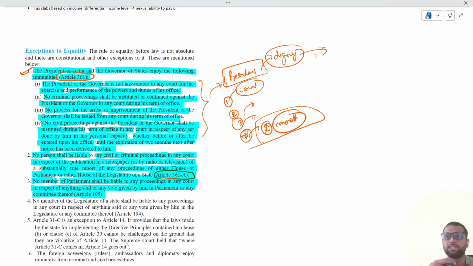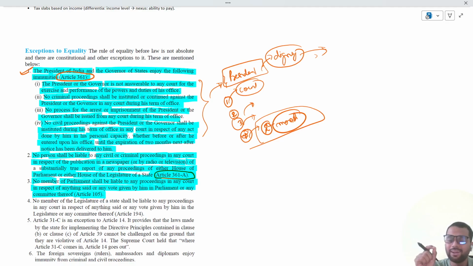I am an MP, I can speak anything in the parliament. Whatever I say, even if it is defamatory or derogatory or comes in contradiction to any law, no proceeding against me can be initiated in any court, because I have said that thing not in the public space to instigate a fight between the people, but in the parliament, and I am free to speak anything there.